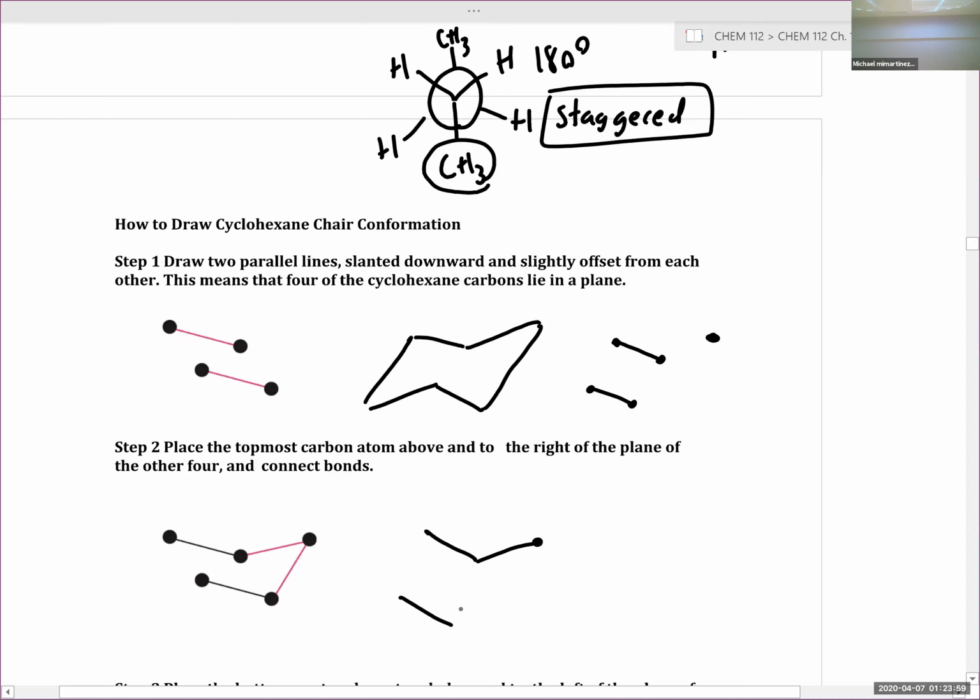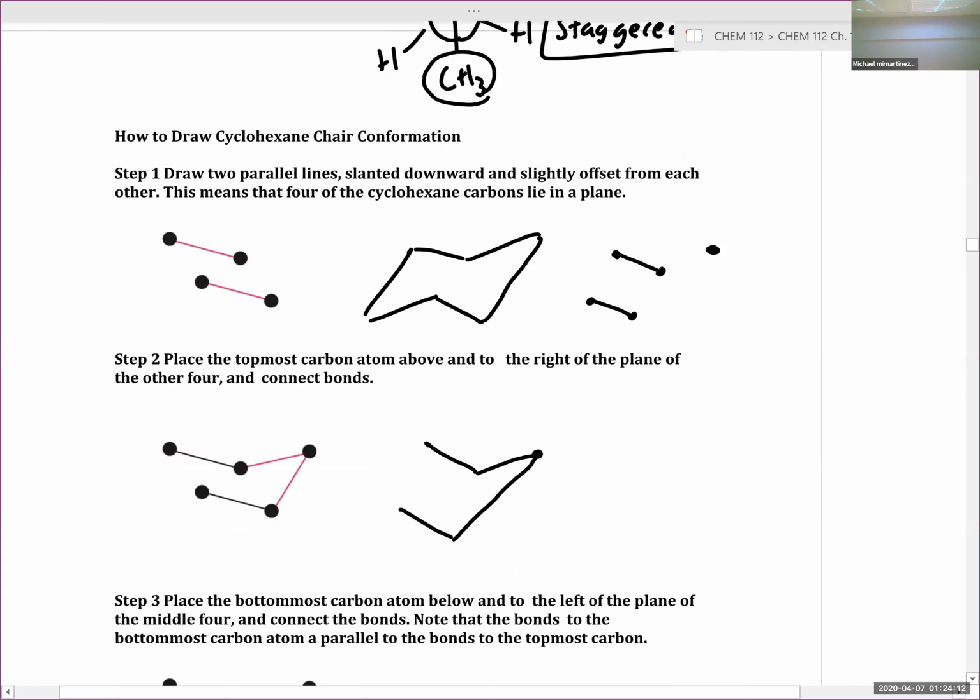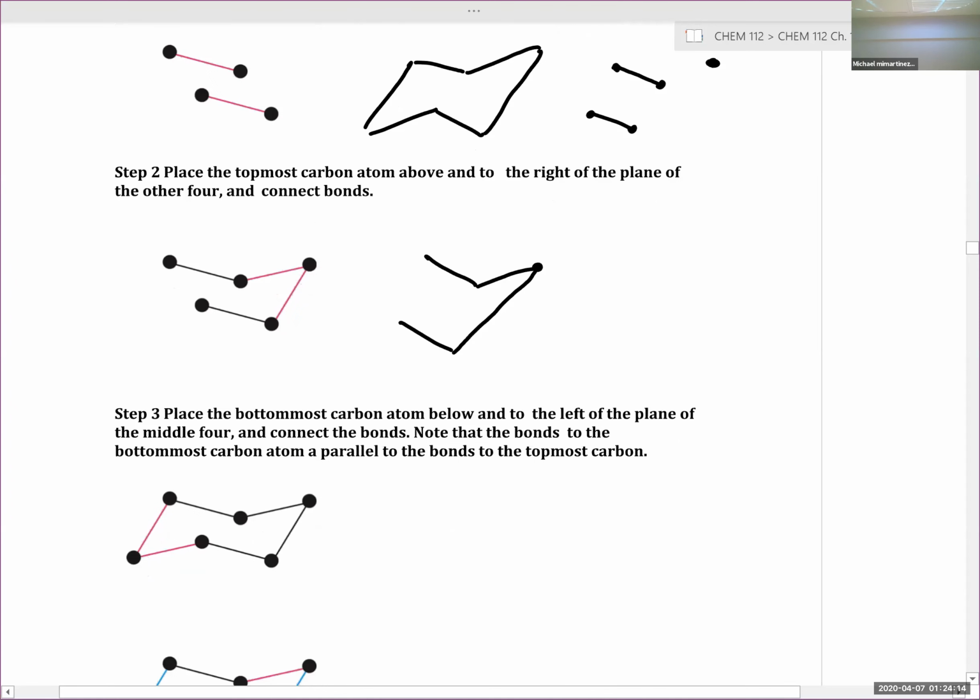Then we connect our two parallel lines to our topmost carbon. So you should have something that looks like this so far. Next, we're going to place our bottommost carbon and connect the dots.